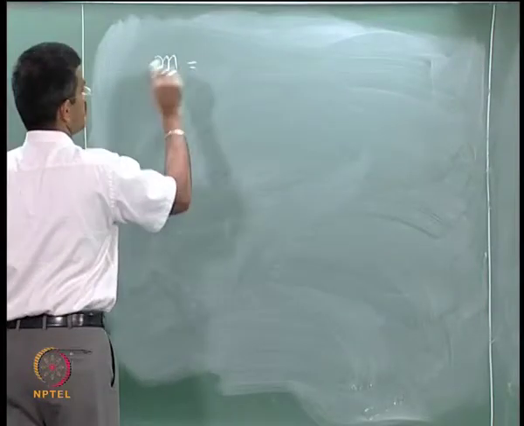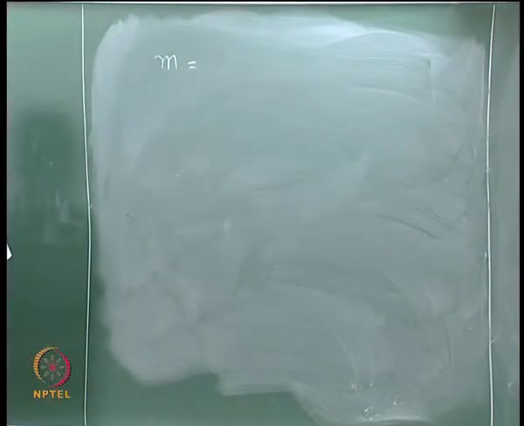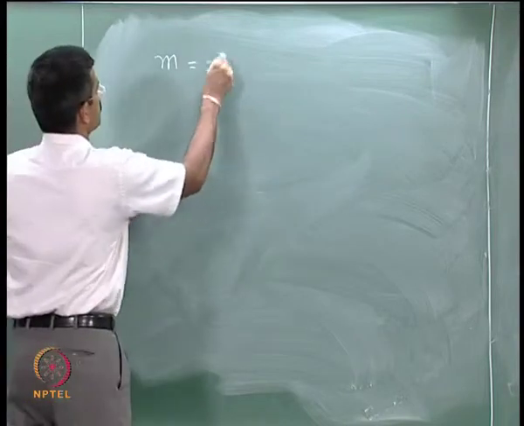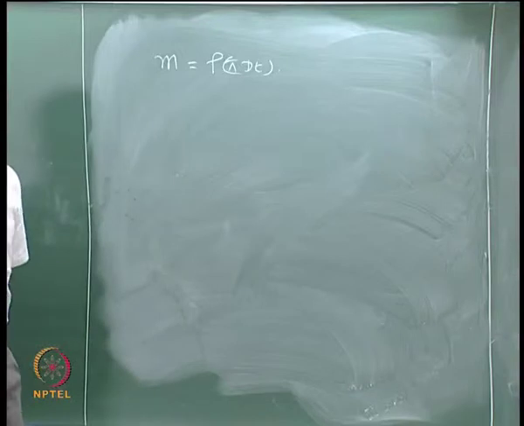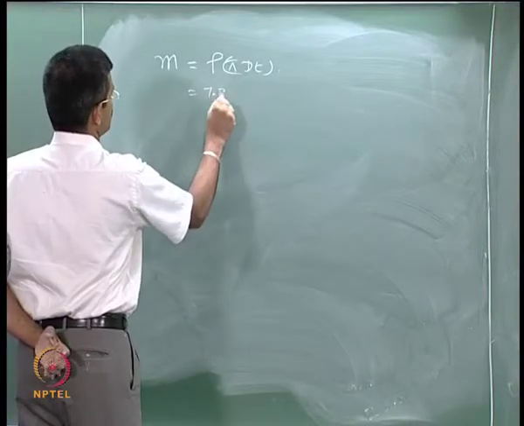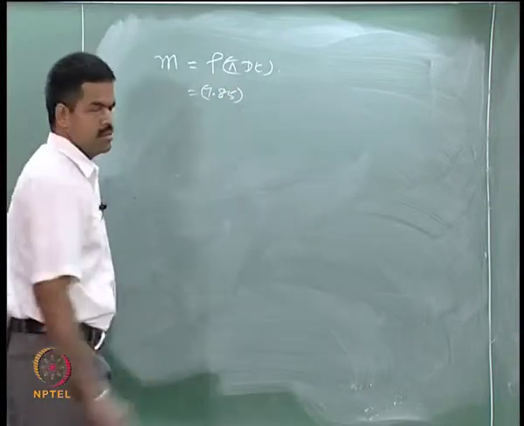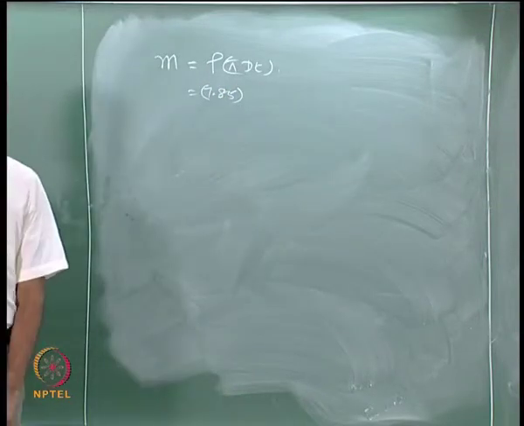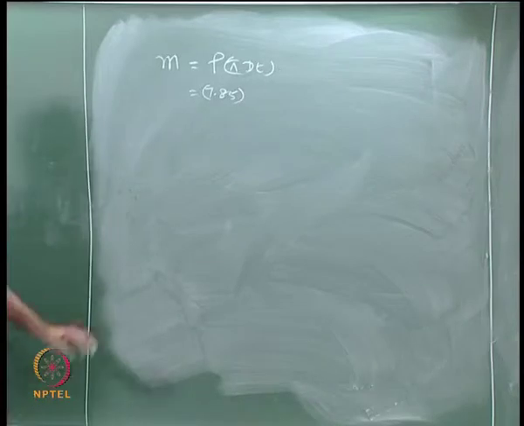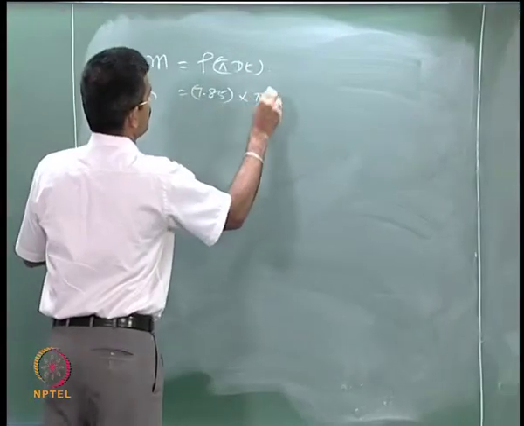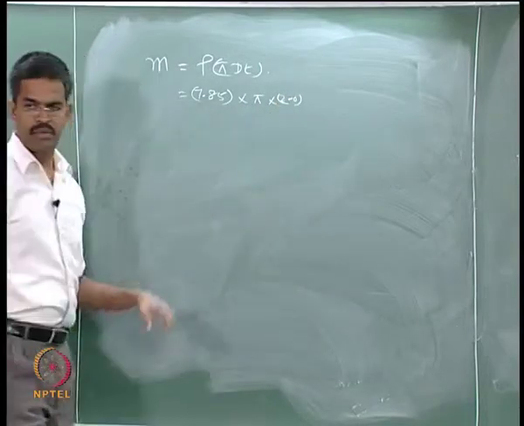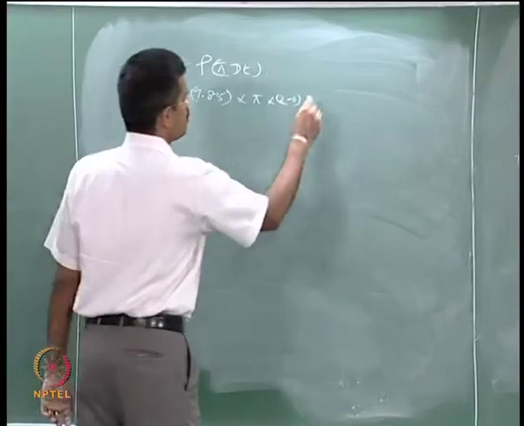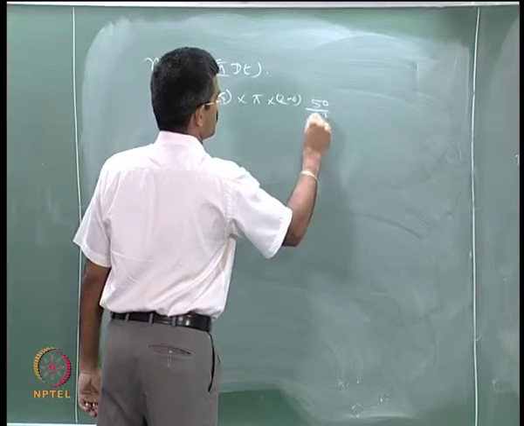M, which is m of the leg, is rho pi d t. So, I can say in tons: 7.85, because density of steel is 7850 kg, into pi into 2.0, that is my diameter, and thickness is 50 by 1000.